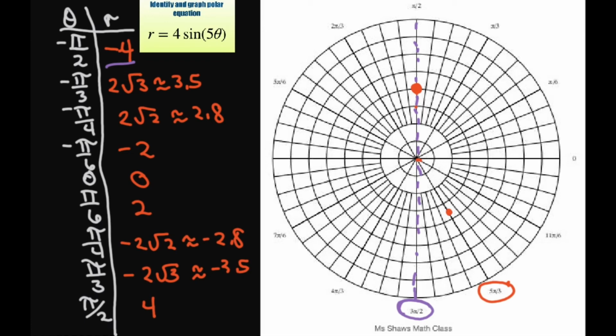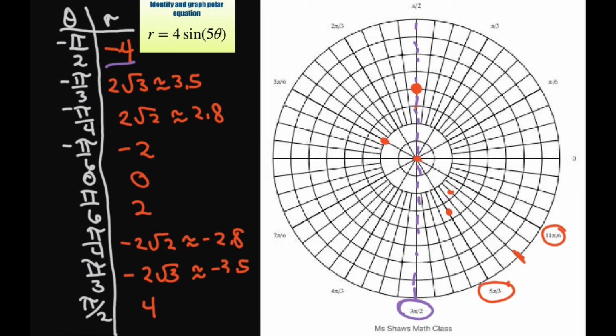Then at negative pi divided by 4, that's about here, we're at 2.8. That's close to 3. And then at negative pi divided by 6, we're at negative 2. That's there. And at 0, we're at 0.